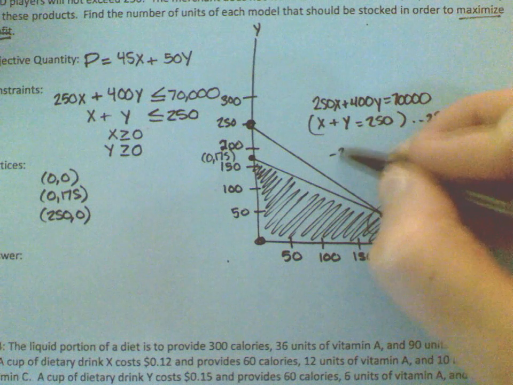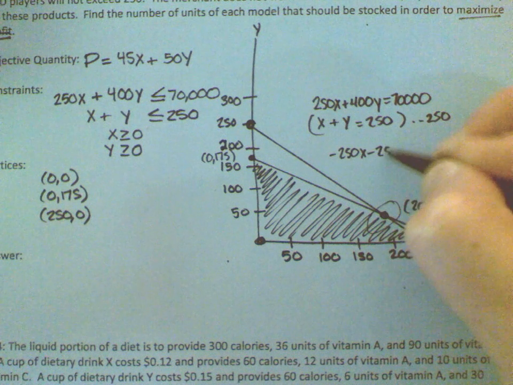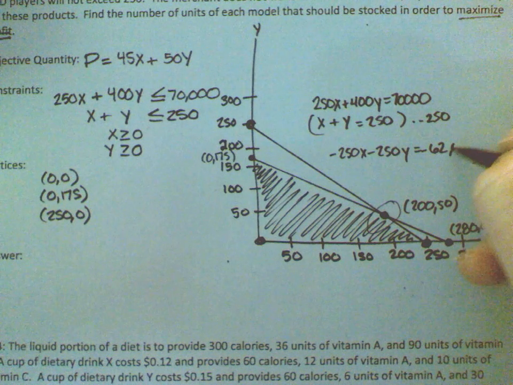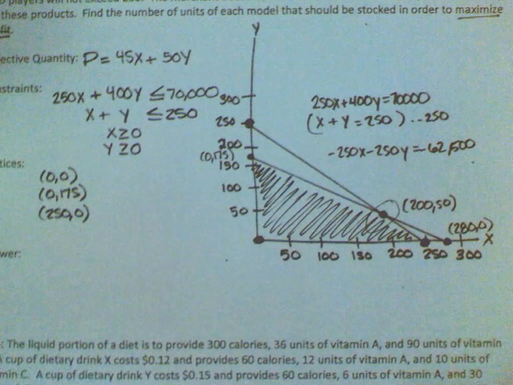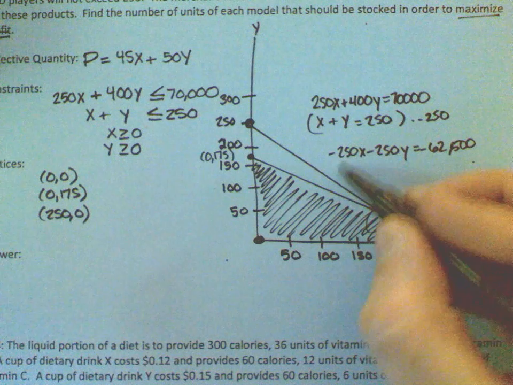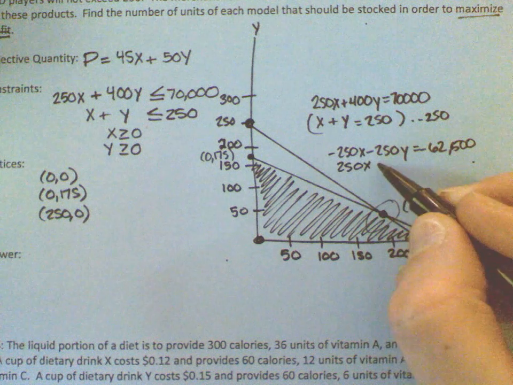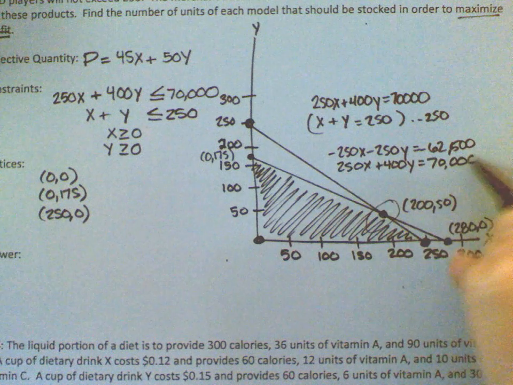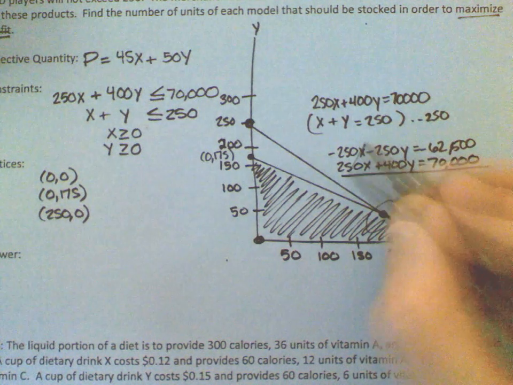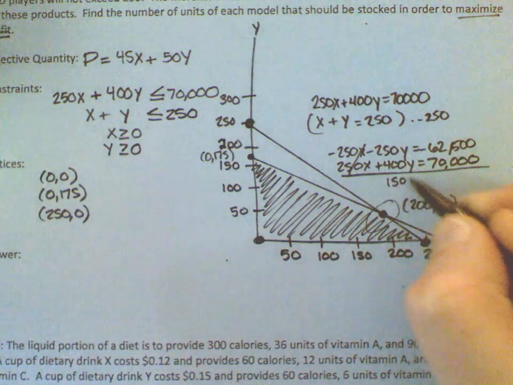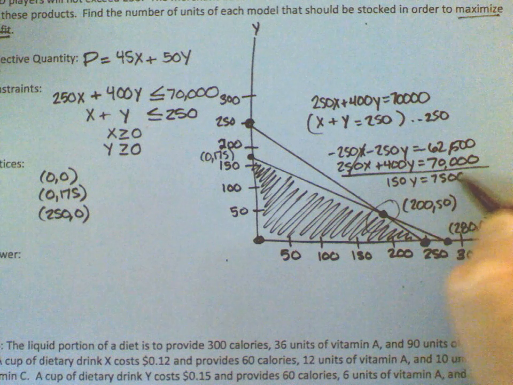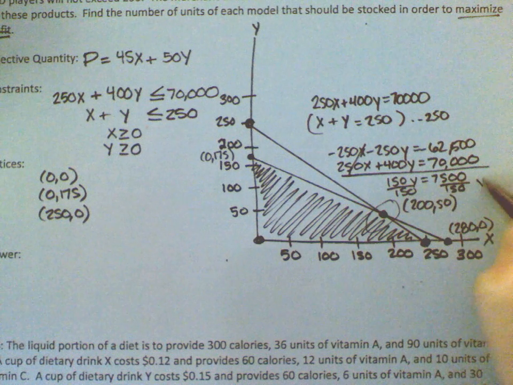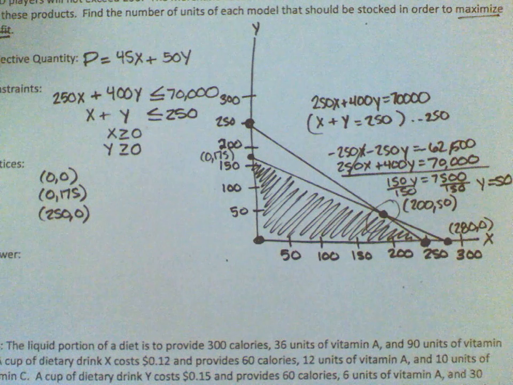That gives me negative 250x minus 250y equals negative 62,500. Stack my other equation below. Add to get 150y equals 7,500. If I divide, I find out that y is equal to 50.